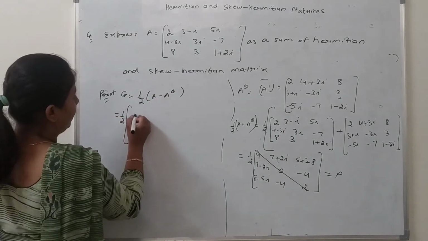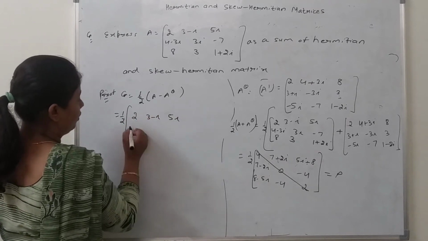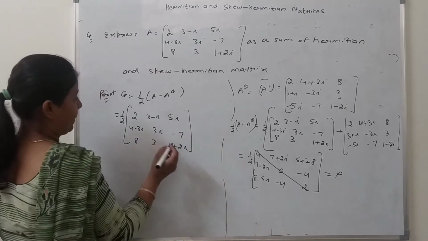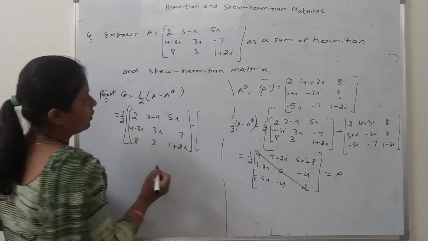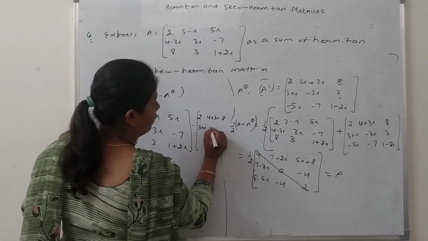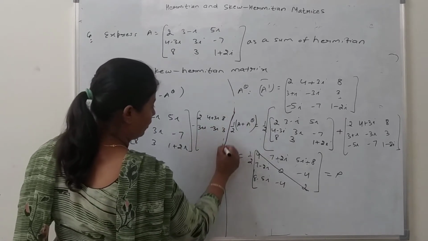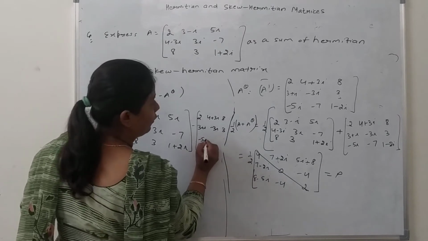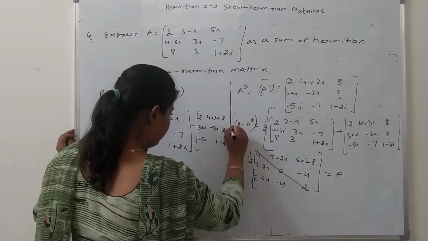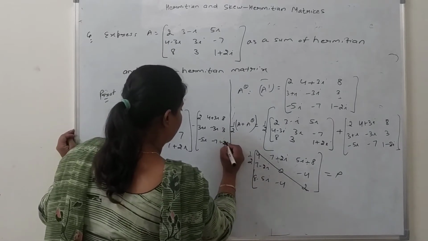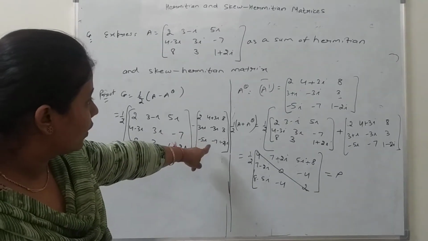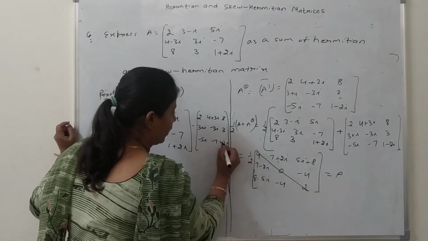What is A? 2, 3 minus iota, 5 iota, 4 minus 3 iota, 3 iota minus 7, 8, 3, 1 plus 2 iota, minus A theta: 2, 4 plus 3 iota, 8, 3 plus iota, minus 3 iota, 3, minus 5 iota, minus 7, 1 minus 2 iota. Now we will subtract these two matrices.